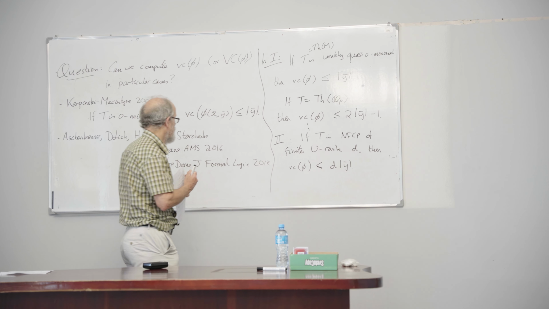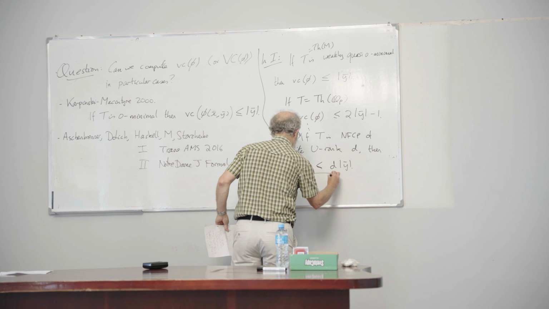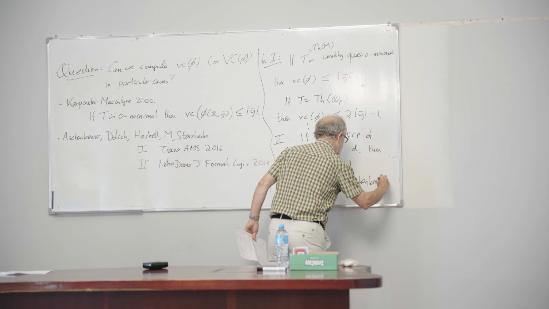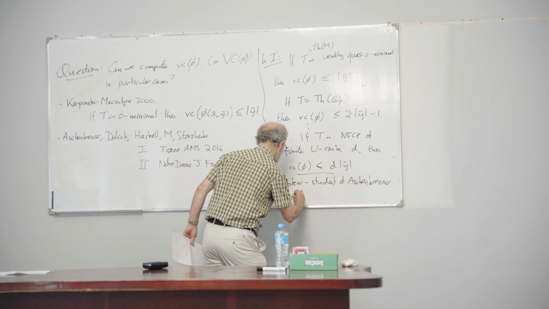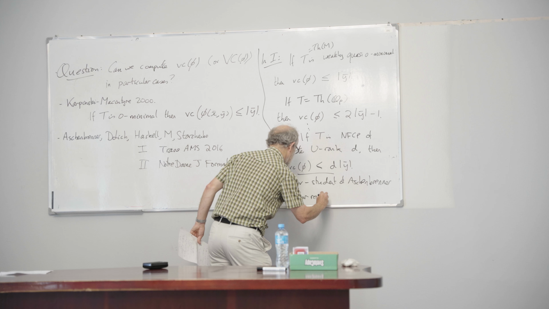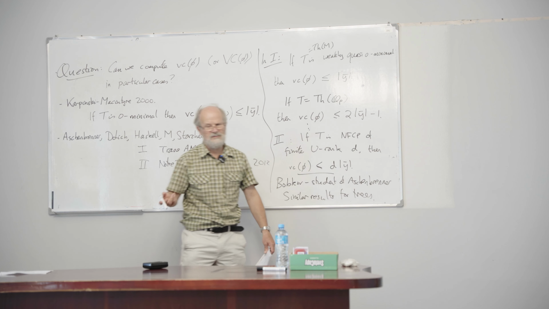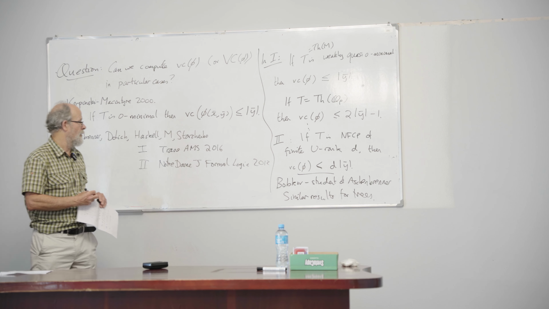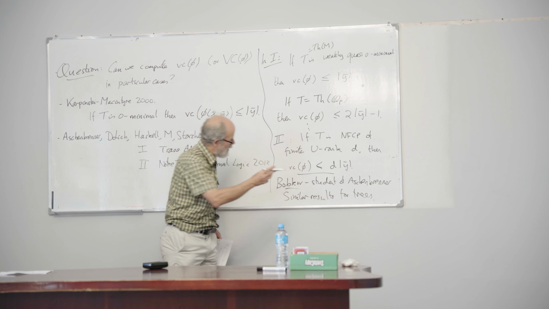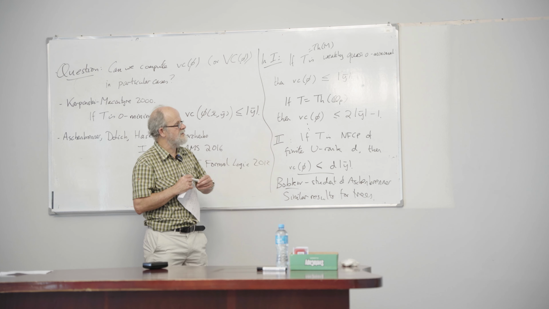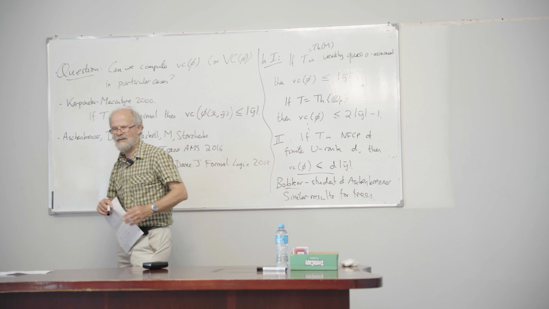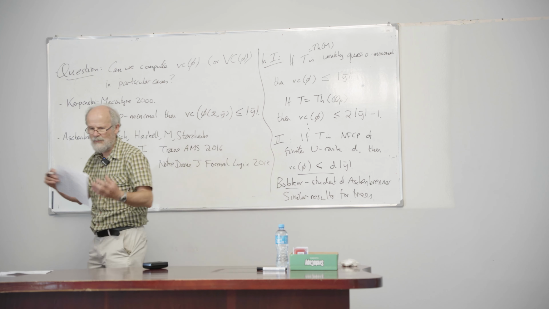For example, there was a student, Bobkov, a student of Aschenbrenner. He had various results, but for example, similar results for trees. I guess this is trees in the sense of partial orders, so some meet trees, things like that. There's quite a lot of other papers. Most of the other results are in algebraic contexts, so valued fields, things like that.